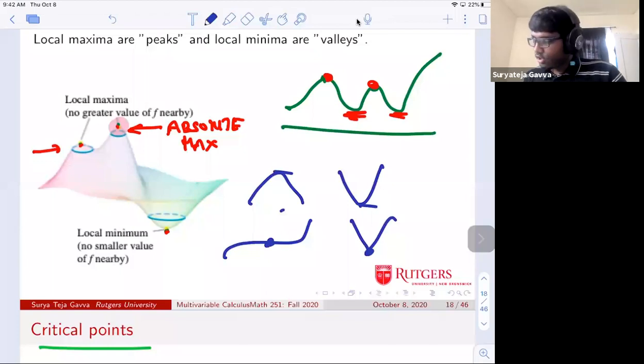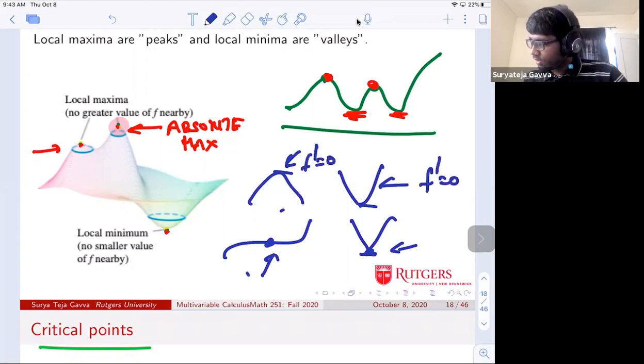It's like a saddle or inflection, or it could have no derivative. So all these things will be critical points. There's no derivative here, the derivative is zero here, here and here. So f prime is zero here, f prime is zero here, f prime is zero here, and f prime doesn't exist here.